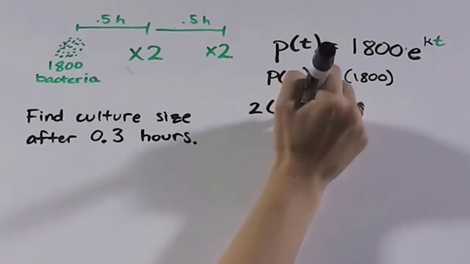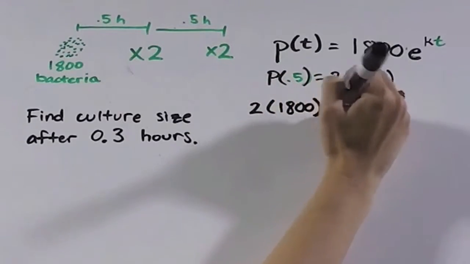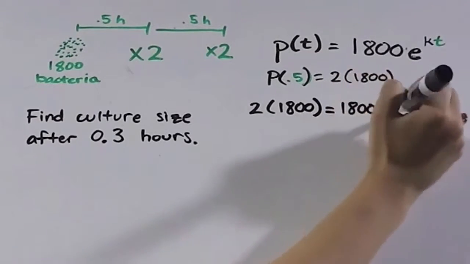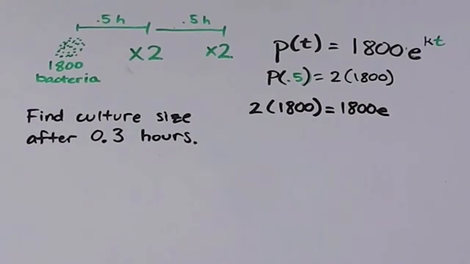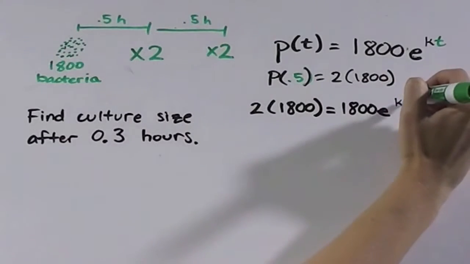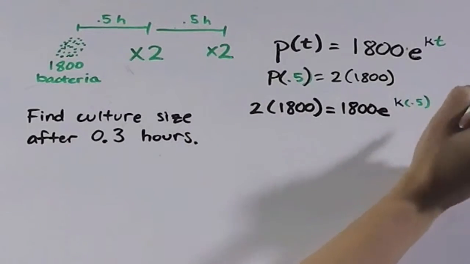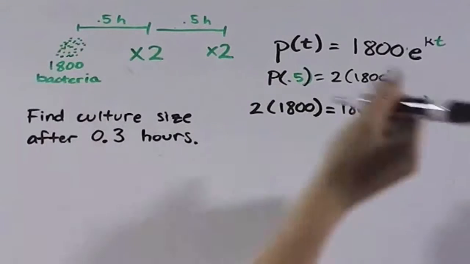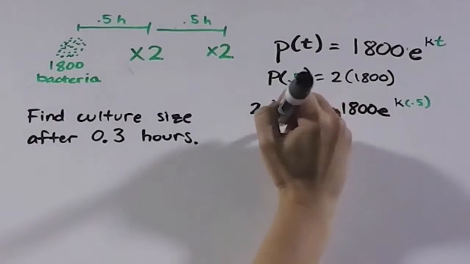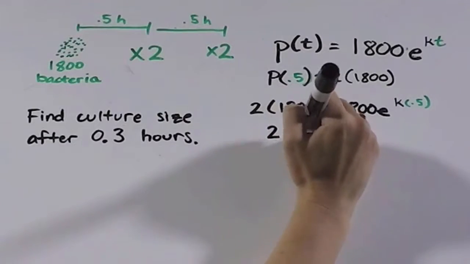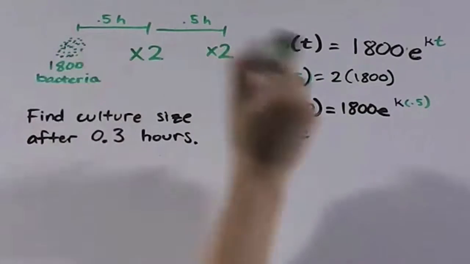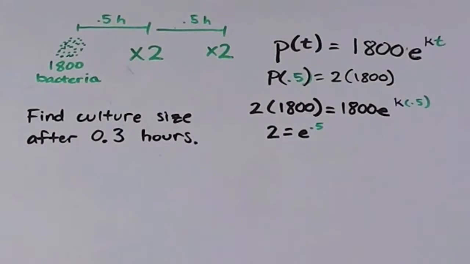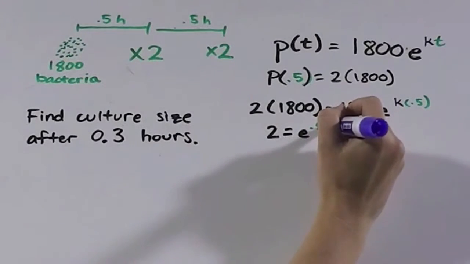2 times 1800 equals 1800 e to the k, which we're solving for, times 0.5. Well, if we divide both sides by 1800, we're left with just 2 equals e to the 0.5 k.